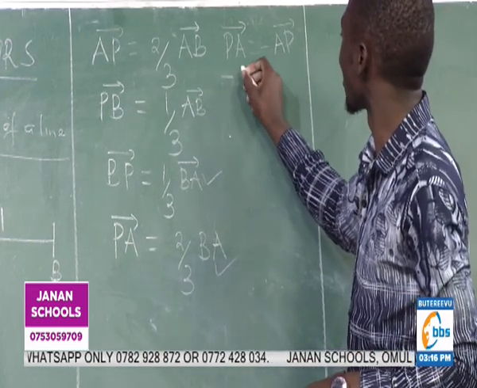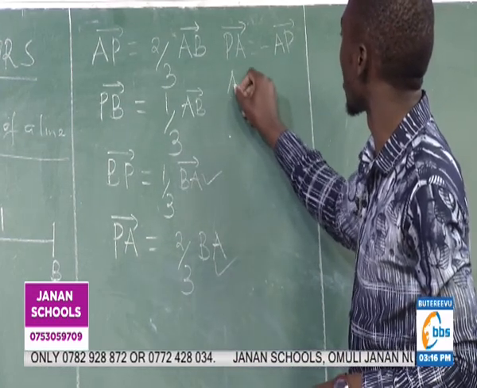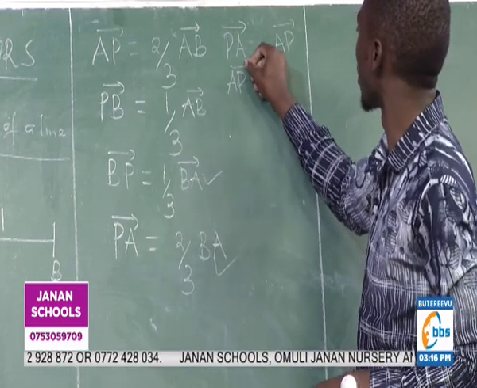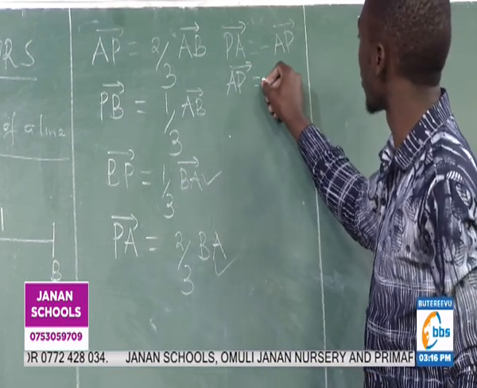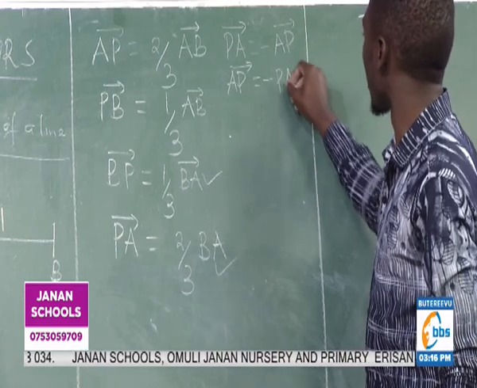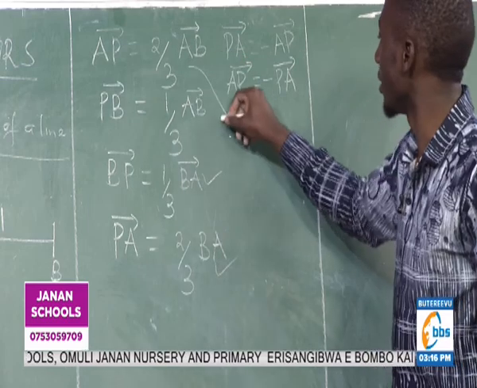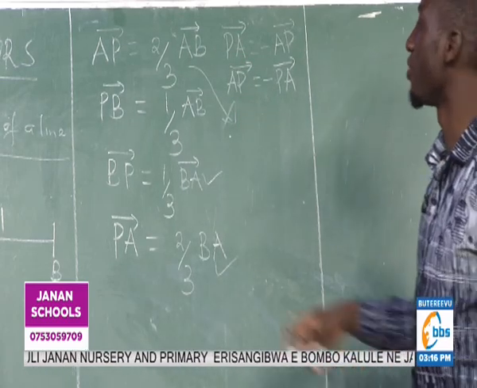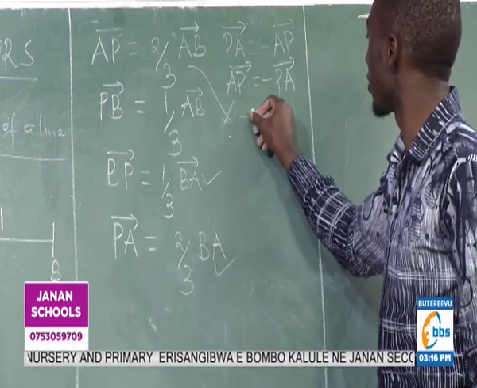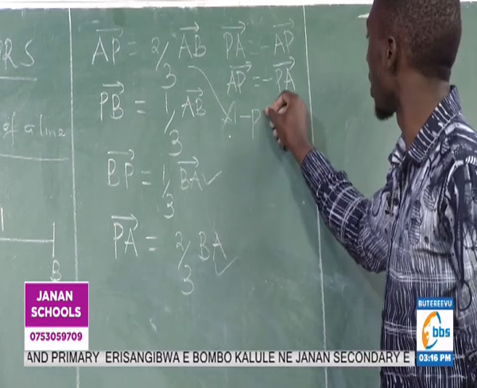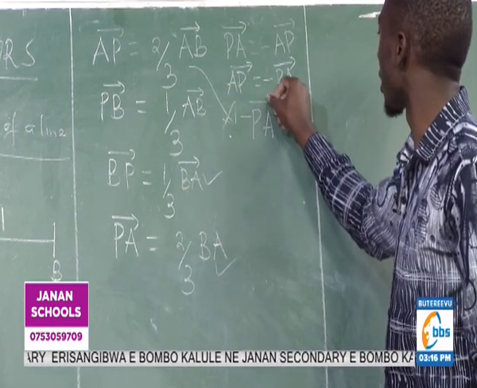So look at this, AP is the same as negative PA. So I can come back here, where I've been having PA, and put a negative there. Where I've been having AP, I can put negative PA, like that.